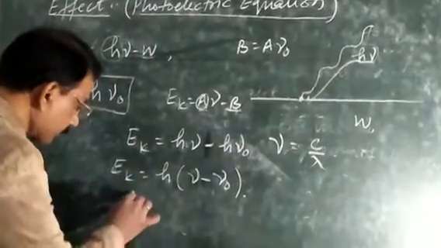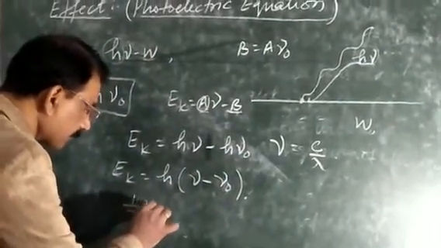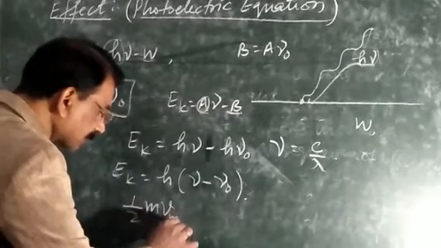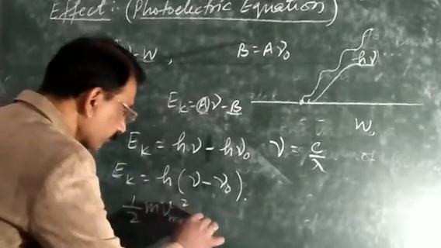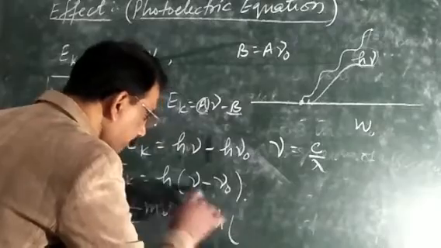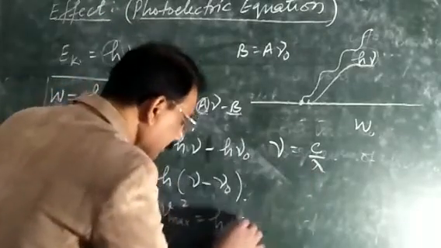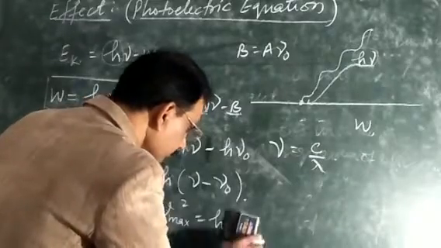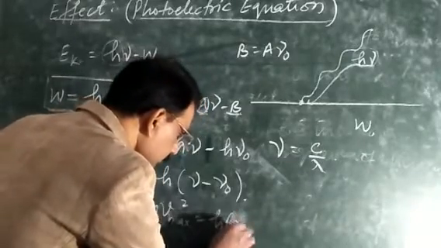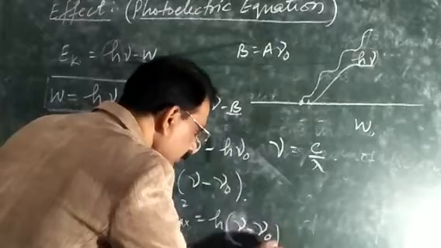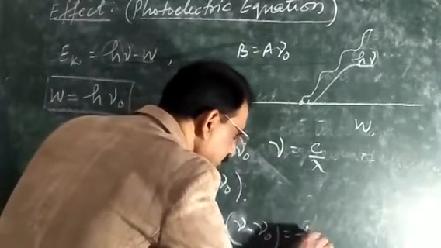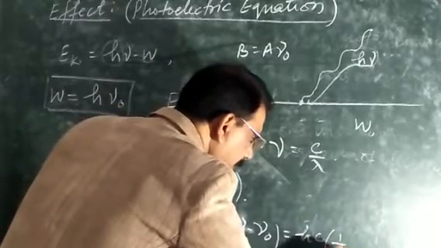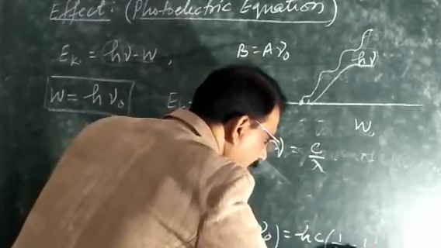So at place of Ek also we can write half m v max square is equal to H, at place of nu you can write C by lambda. Also you can write here H nu minus nu naught. Or you can write H C times 1 upon lambda minus 1 upon lambda naught.